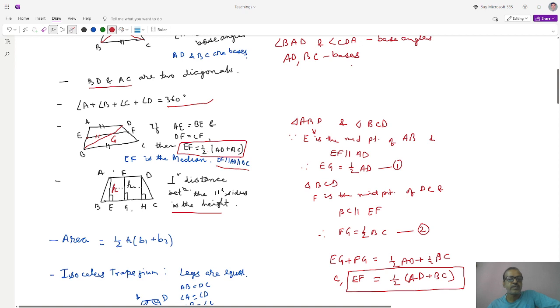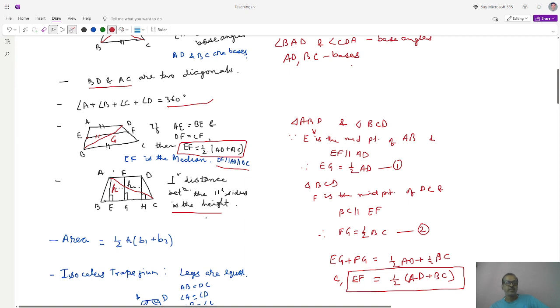Now we will calculate the area of a trapezium. How do we calculate? If we draw a diagonal of this trapezium, AC, then AC splits this trapezium into two triangles.